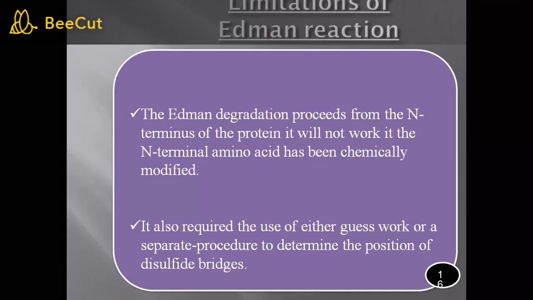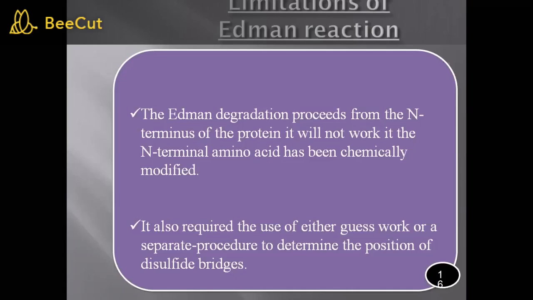The next limitation is that it requires either guesswork or a separate procedure to determine the position of disulfide bridges. As I have told you, before starting the Edman reaction two things are very important: first, we have to break the non-covalent bonds, and then we have to break or remove the disulfide bonds.